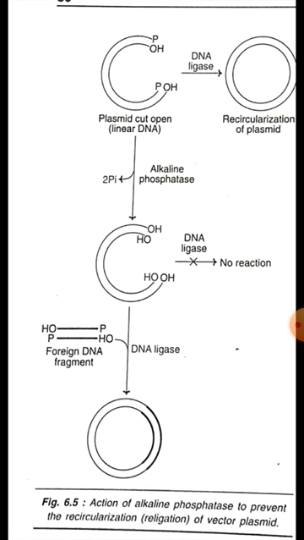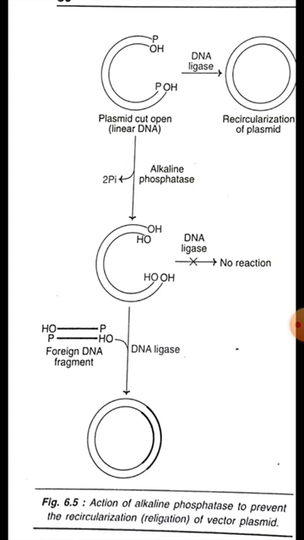Now when I add alkaline phosphatase, the 5' phosphate groups are removed, so that I will end up on both the termini with hydroxyl groups only. I will have no phosphate groups, and under such circumstances, when I give DNA ligase, there is no recircularization of the plasmid. So the cut ends stand naked, they don't join.